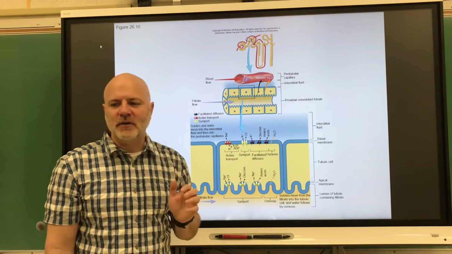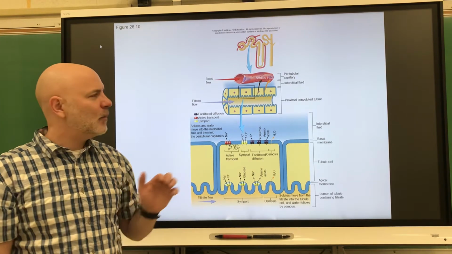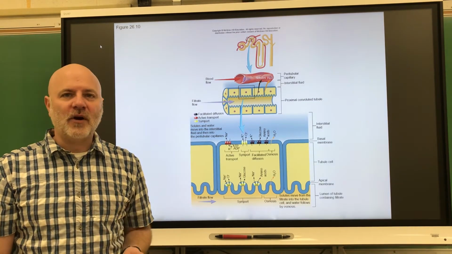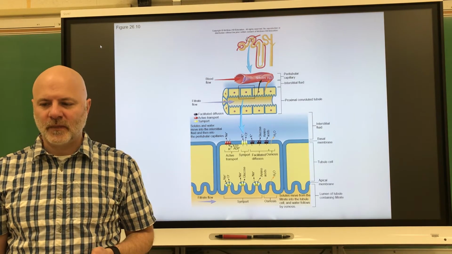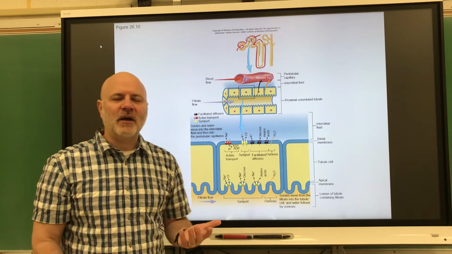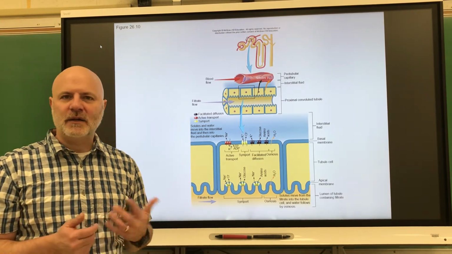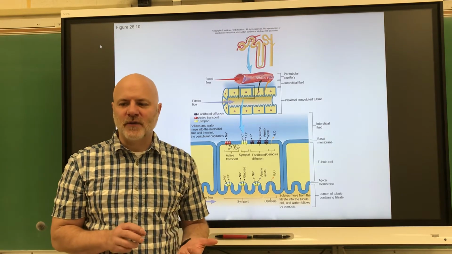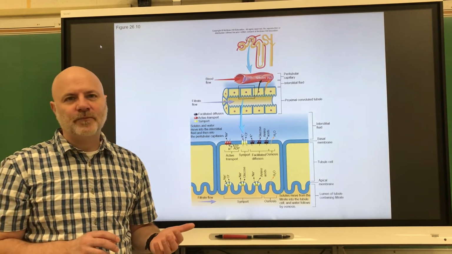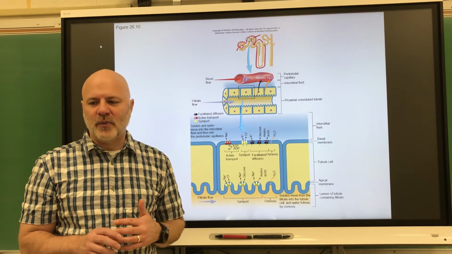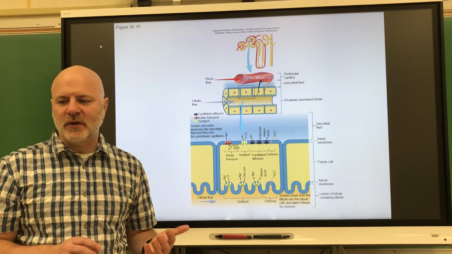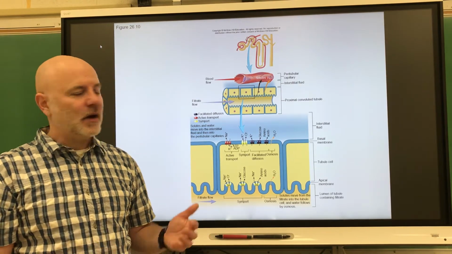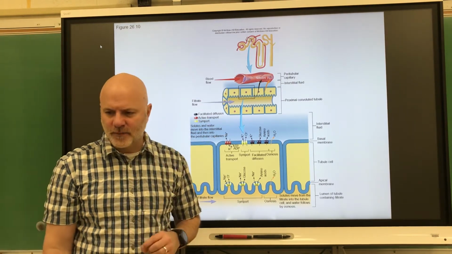Once we do that, water is going to move due to osmosis, and we get that water for free as well. This can be aided by aquaporins, which are pores for water. The proximal convoluted tubule is full of aquaporins, and aquaporins are only opened in the distal convoluted tubule and collecting duct by antidiuretic hormone. Other substances can follow by diffusion.